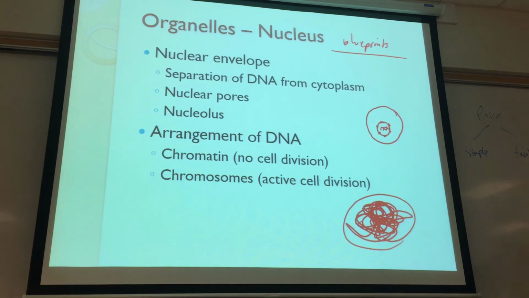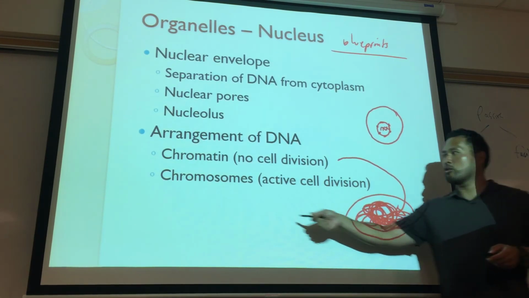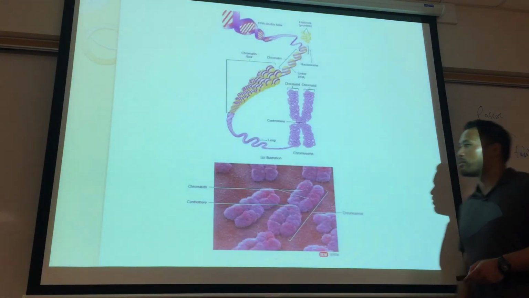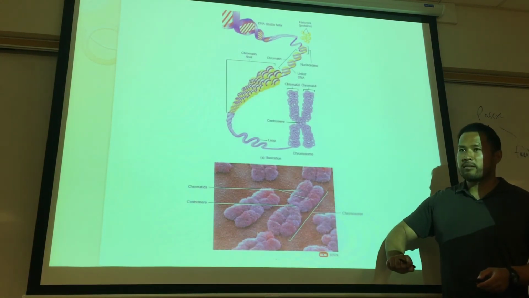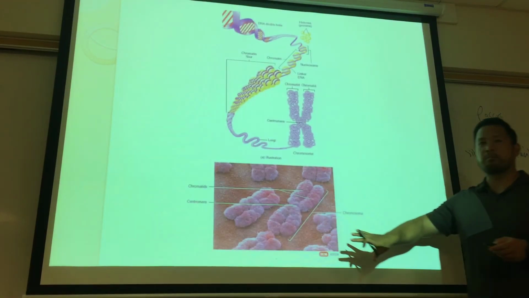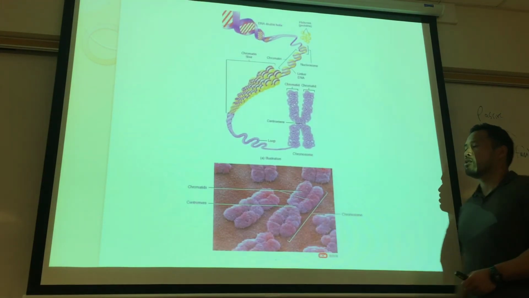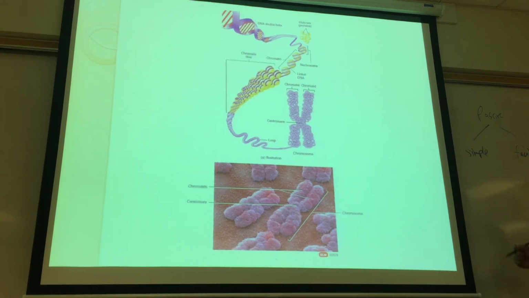This is called chromatin. When a cell starts to prepare for cellular division, meaning that the cell starts to separate, it has to organize that chromatin into chromosomes. So the organized DNA that you've seen before are chromosomes. And this is the process by which cells divide and organize accordingly.